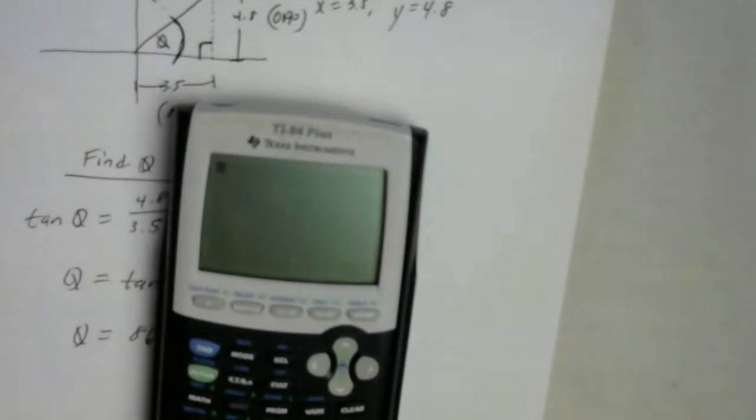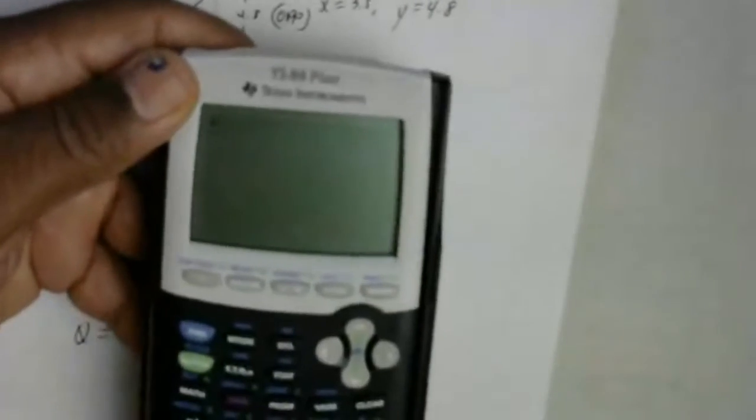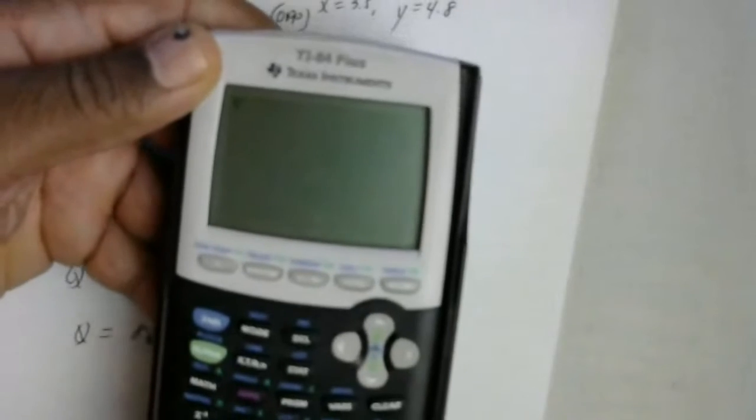I put in multiply instead of divide. Let me go back. Okay, yeah, because I have 53.9. Yeah, I put in a divide.